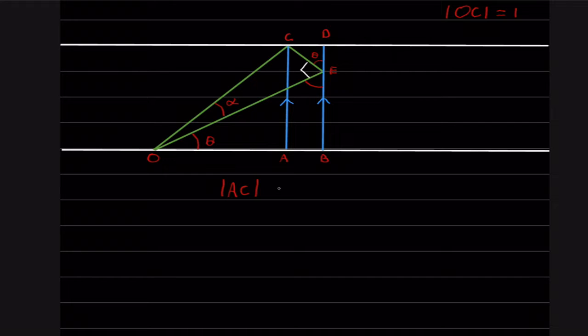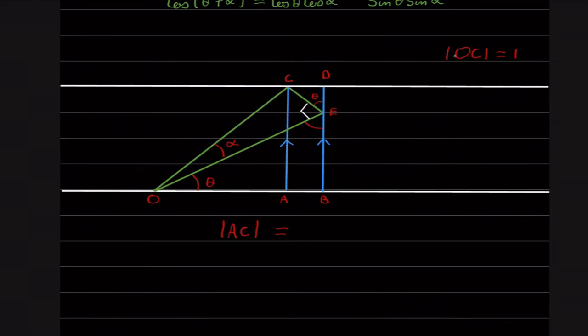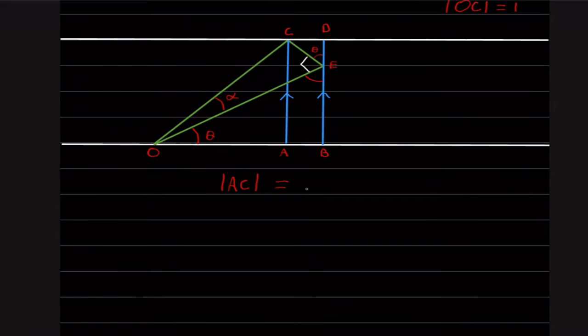The length of AC will be equal to, this is the opposite of the two angles down here, and OC is set to be equal to 1. So AC should be equal to sine theta plus alpha.